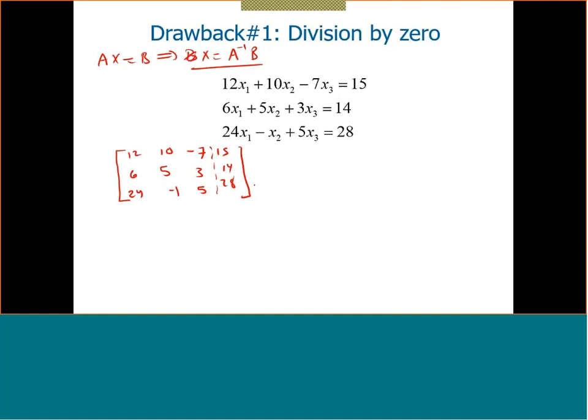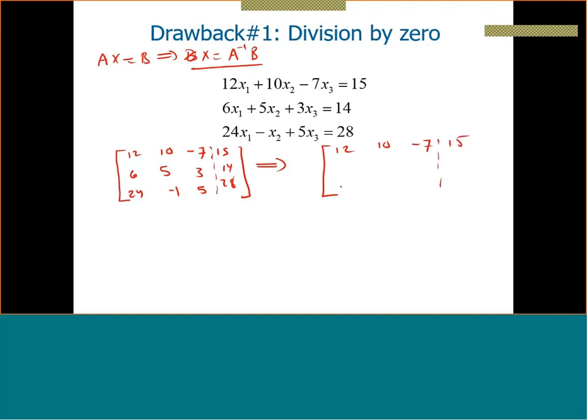So I want to apply here. I need to multiply this by 0.5 and subtract. So here the equations will be equal to 12, 10, minus 7, 15. I will multiply the first row, so row 2 will be row 2 minus 1/2 row 1.